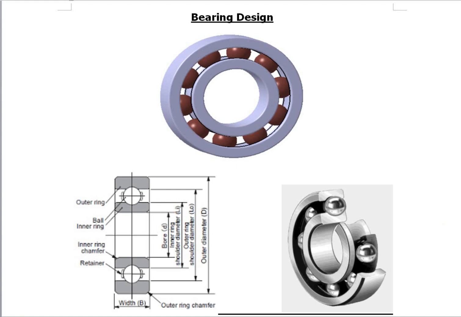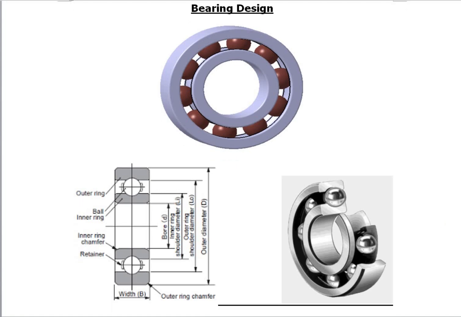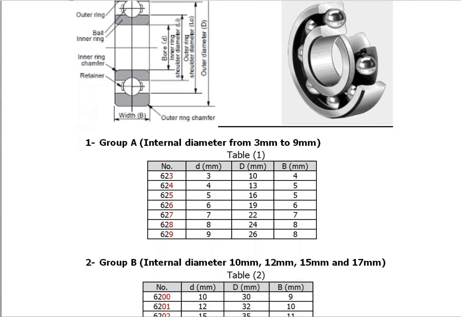The most important dimension here is the internal diameter. We grouped it into three. The first group has internal diameter from 3 millimeters up to 9 millimeters.